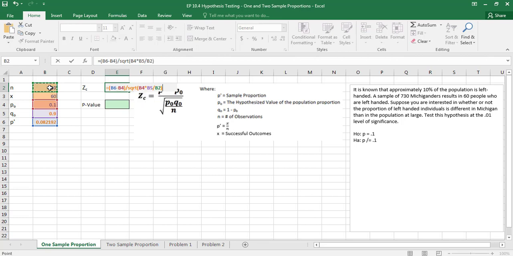Close parentheses, press enter, and there's our z-score of negative 1.6.